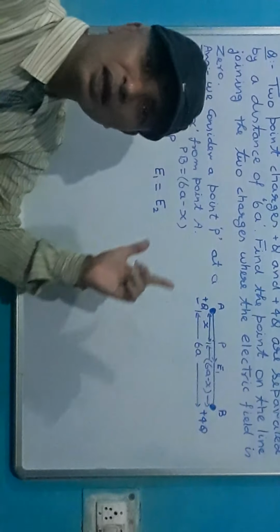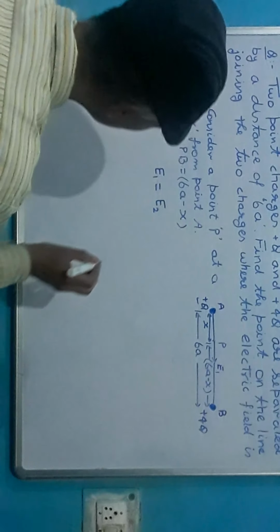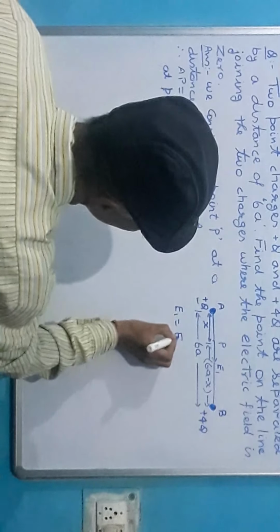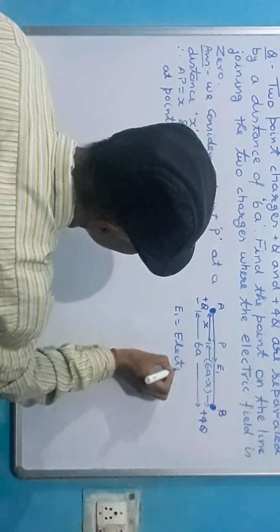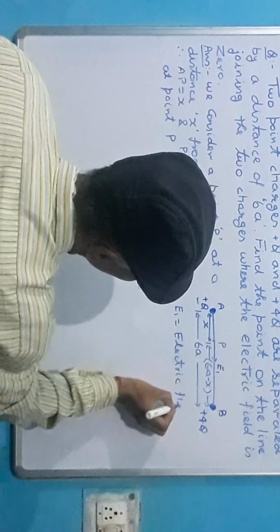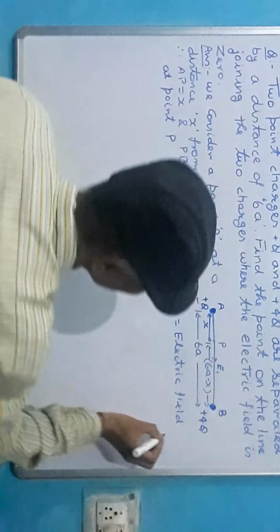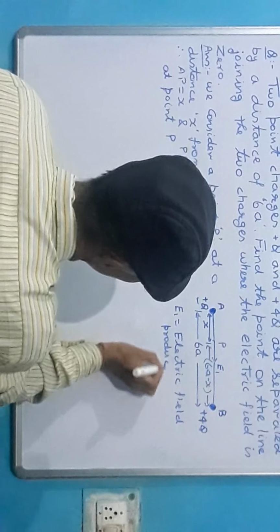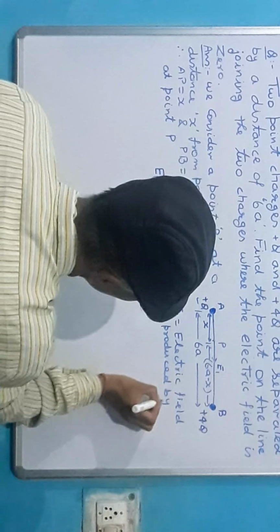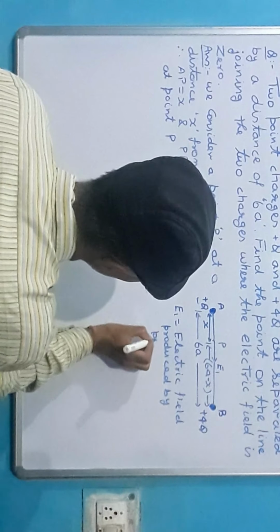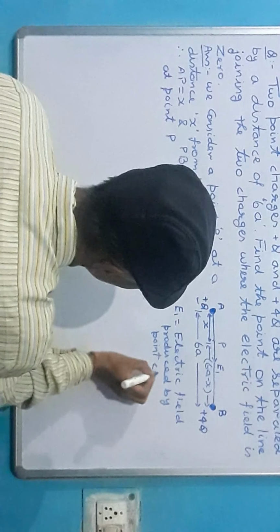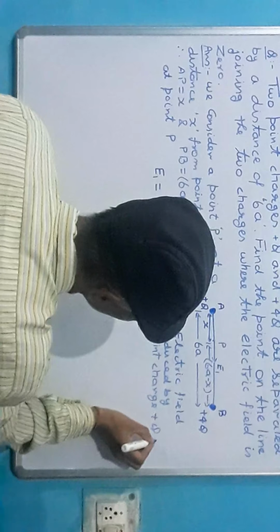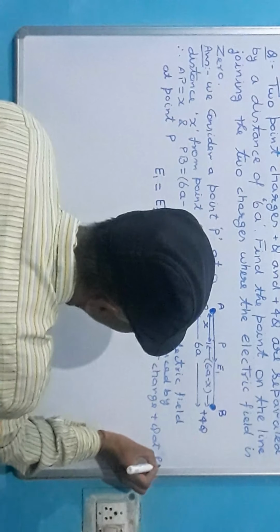E1 is the electric field produced by point charge plus q at point P.